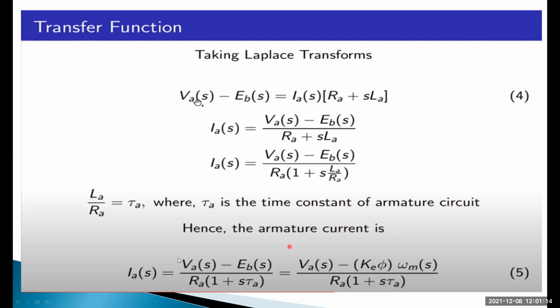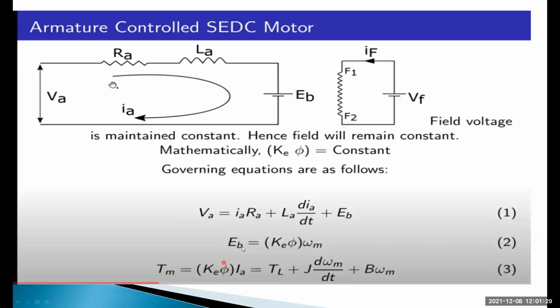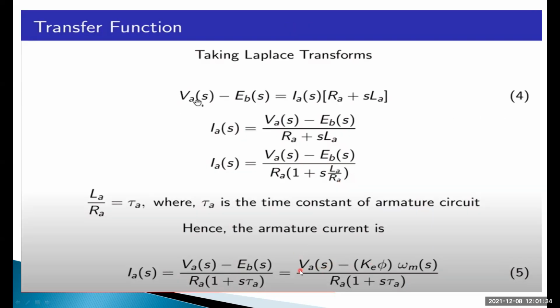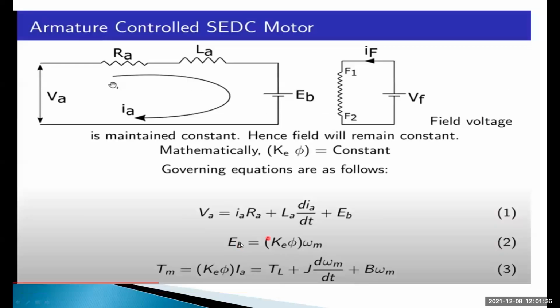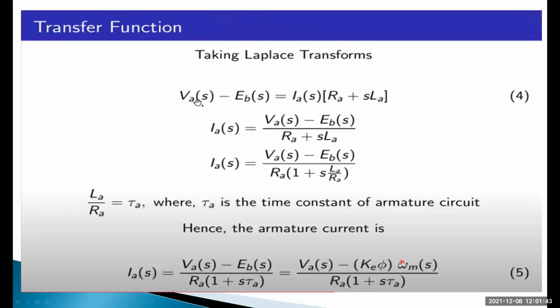So the armature current is Ia of s equal to V of s minus Eb of s divided by Ra into 1 plus s tau a.